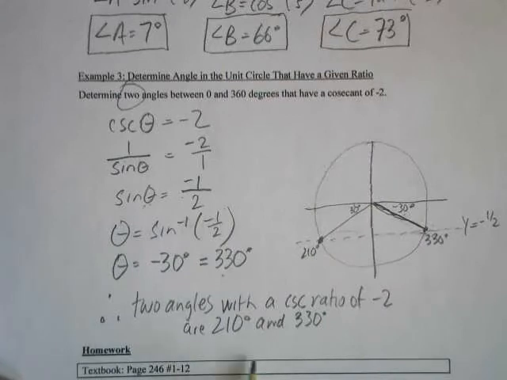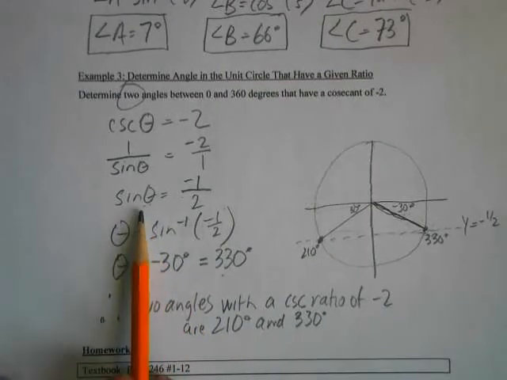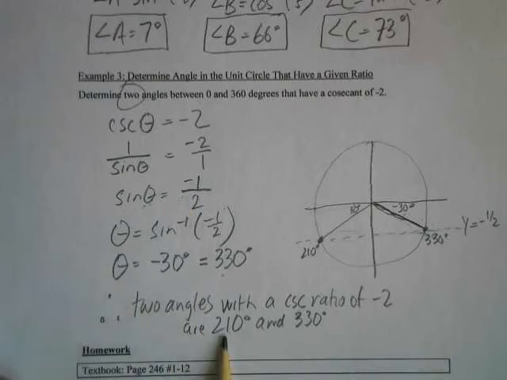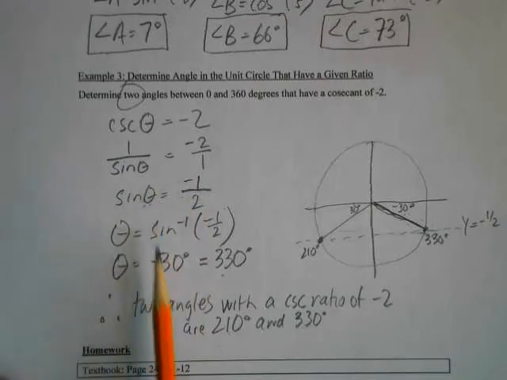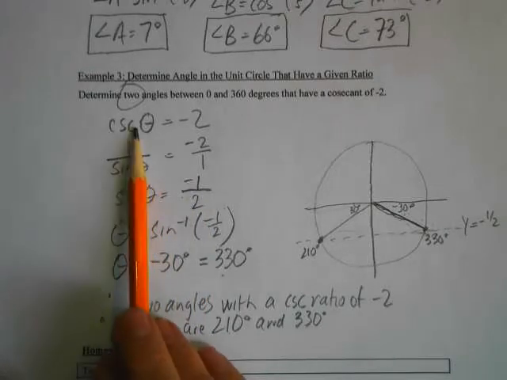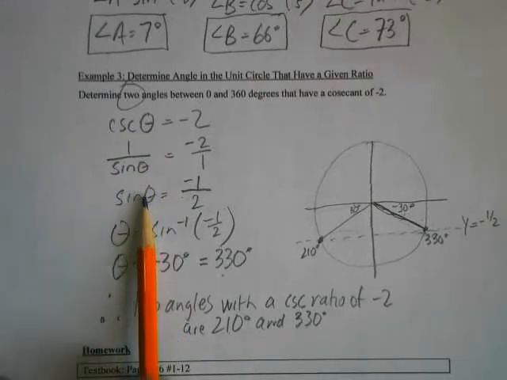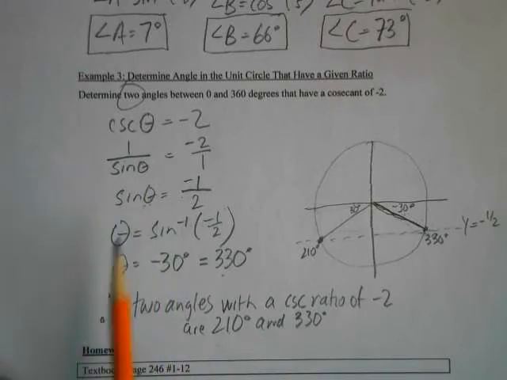And again, you could test this out. You could find the sine of 210, and you'll get -1/2 on your calculator. So that's a way you can test your answers, to plug it back into the original equation. You couldn't plug it into the cosecant equation because we don't have a button for cosecant. We have to convert it into a sine equation and then plug it in.